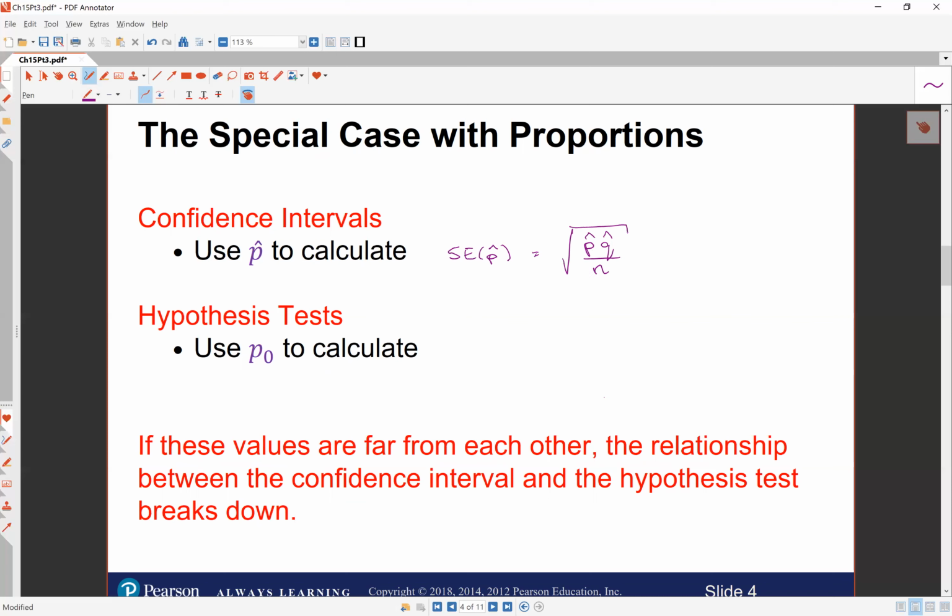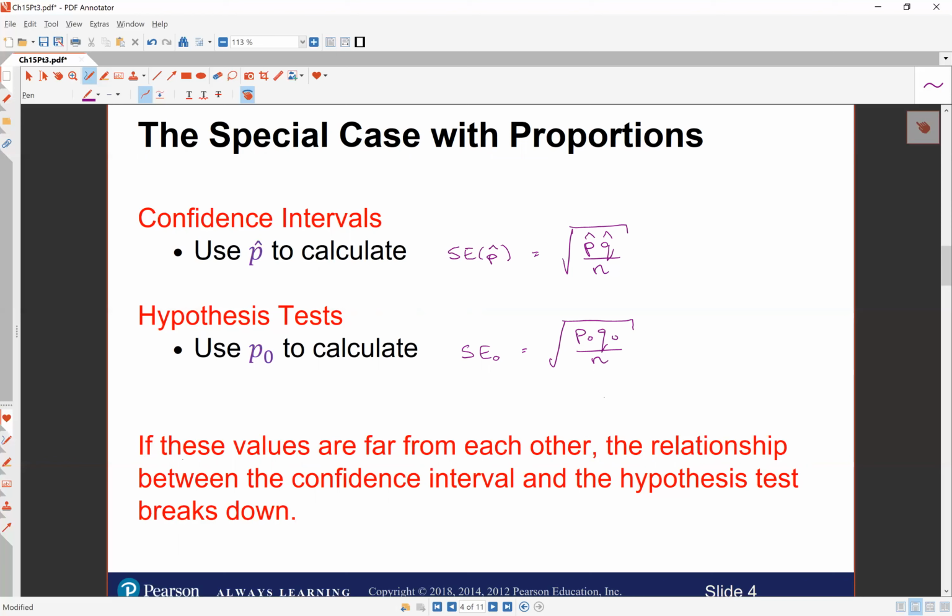So it doesn't rely on a preconceived value. On the other hand, if you're doing a hypothesis test, now you're calculating SE0, which is the square root of p0 q0 over n. So the confidence interval and the hypothesis test are not based on the same estimate of standard error, because one of them uses p hat, one of them uses p naught.